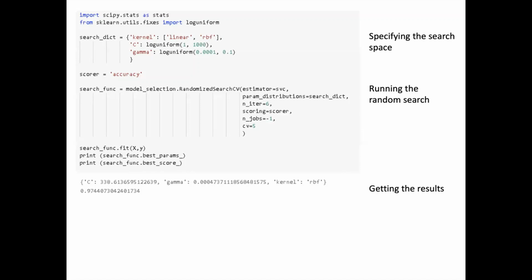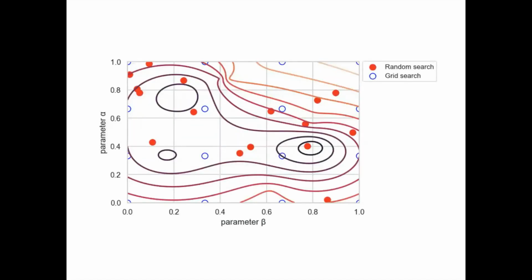If you're wondering why, this picture of a possible hyperparameter optimization between two parameters will reveal why. Let's imagine your model just has the parameters alpha and beta.